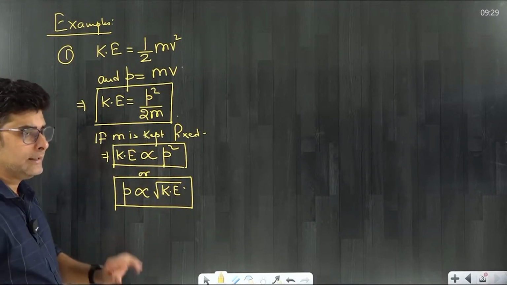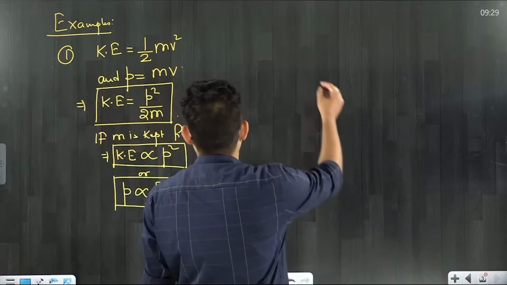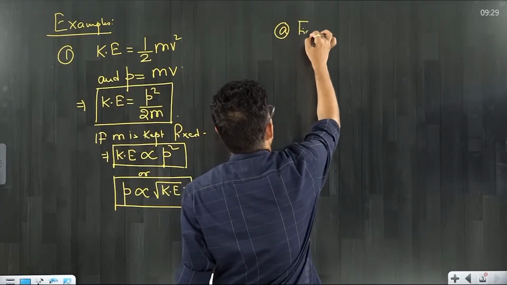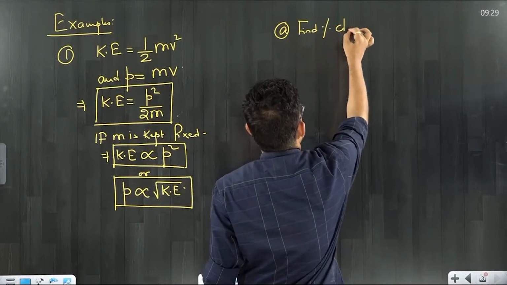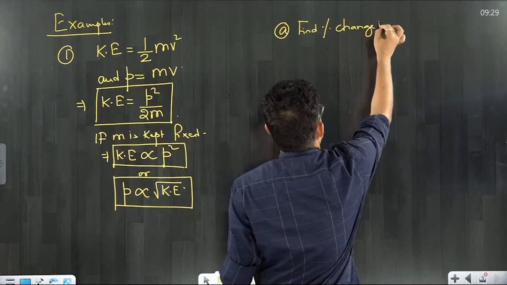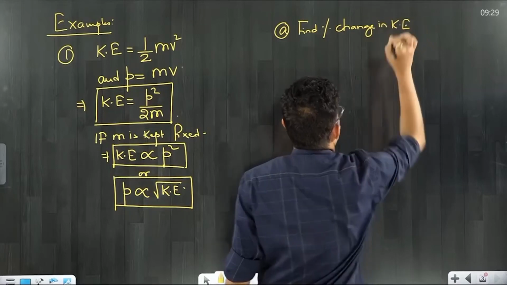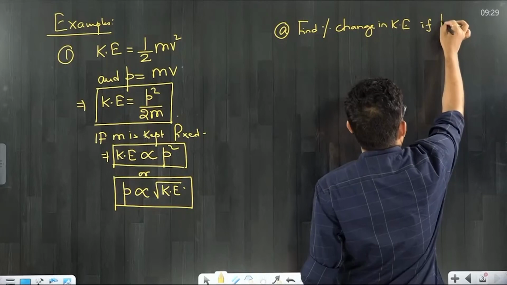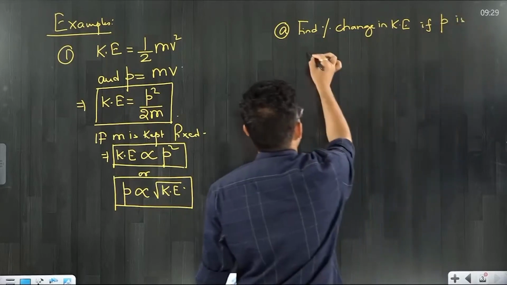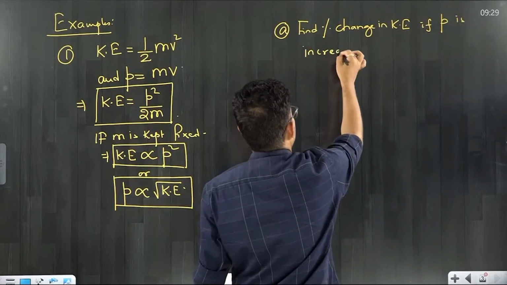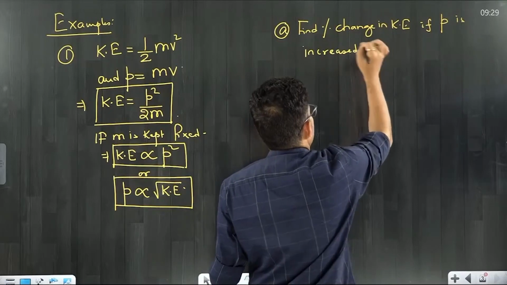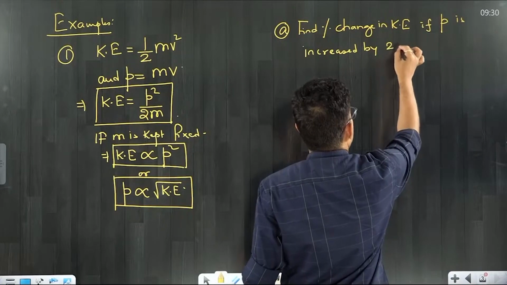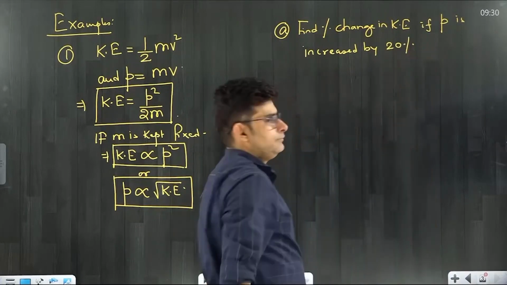Okay, so let's now go for changes. First part we are having: find the percentage change in kinetic energy if momentum is increased by 20%.